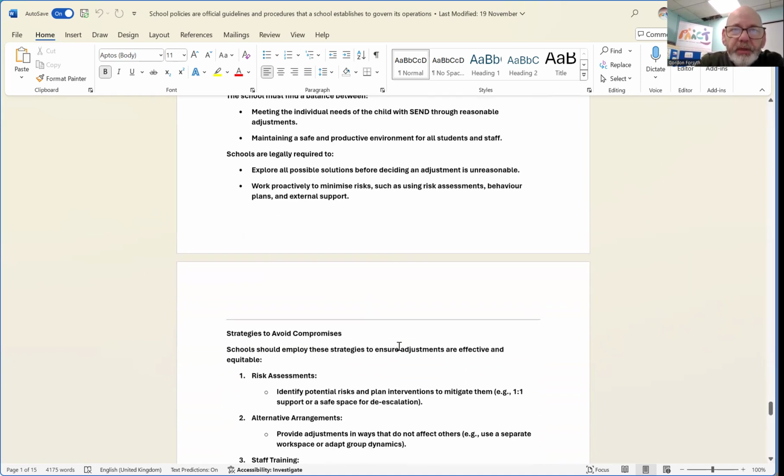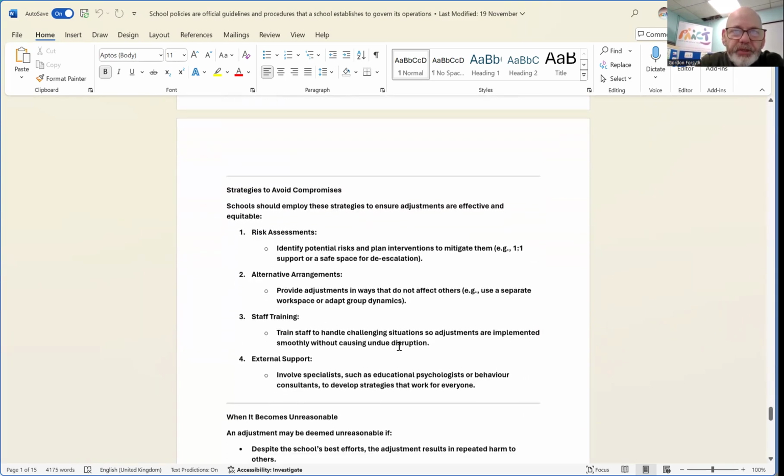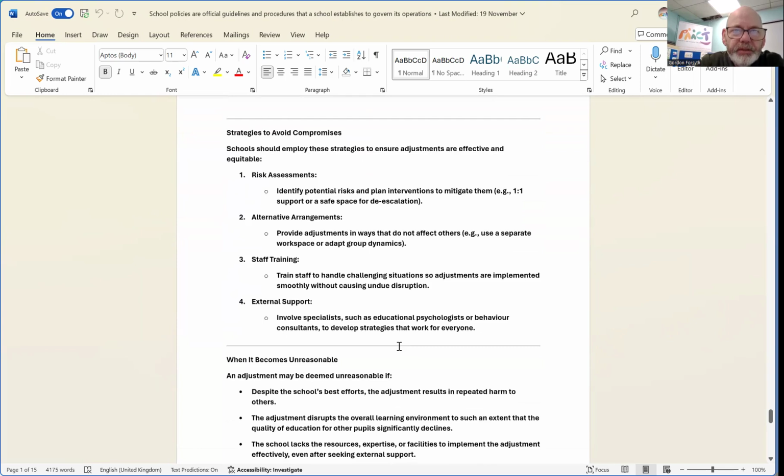Schools are legally required to explore all possible solutions before deciding an adjustment is unreasonable. Work proactively to minimise risk, such as using risk assessments, behaviour plans, and external support. Strategies to avoid compromises: schools should employ these strategies to ensure adjustments are effective and equitable.